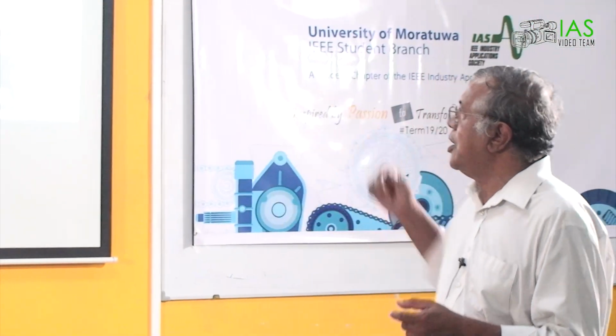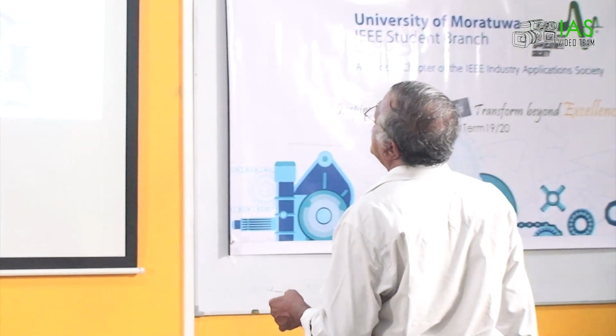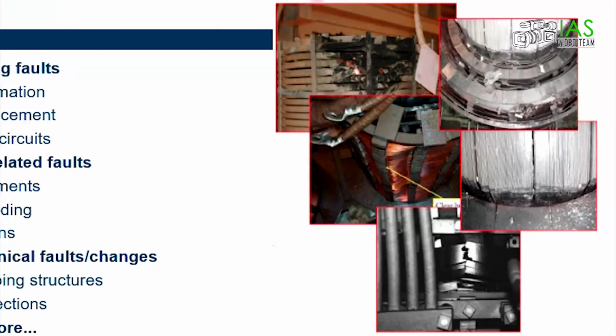If the mechanical integrity is not there, it would be indicated. So these are some pictures of damages. The mountings and then windings and so on.